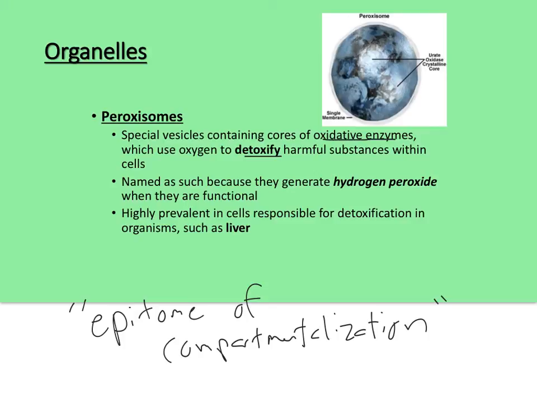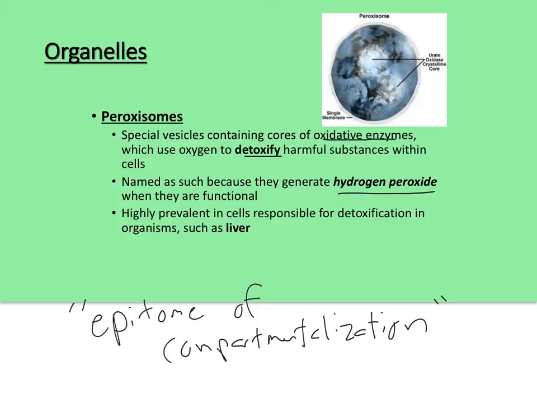Now, the reason we call it a peroxisome is because when these oxidative reactions take place, the cell actually makes hydrogen peroxide inside of the peroxisome. Peroxisomes are found at very high levels inside of any tissue that helps you to detoxify.